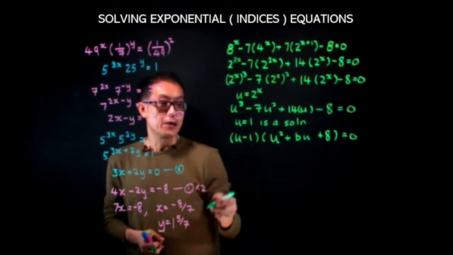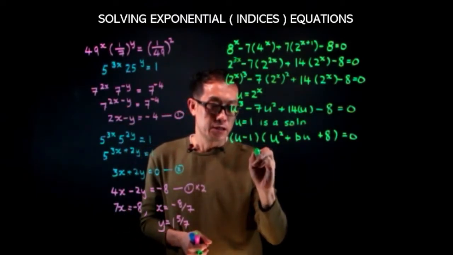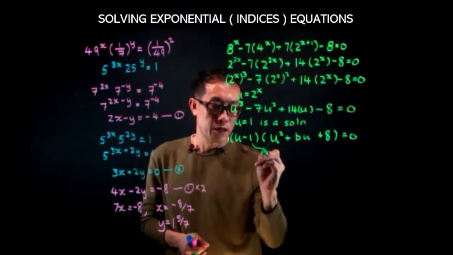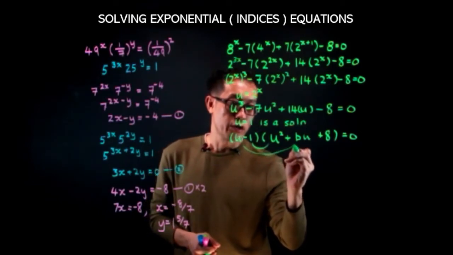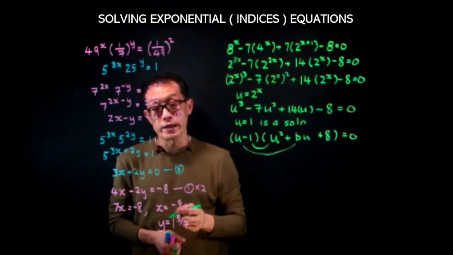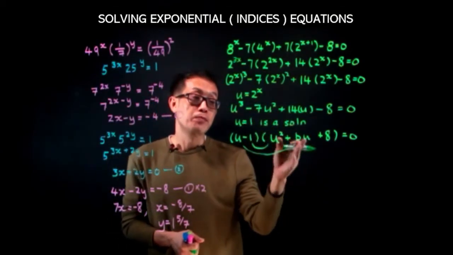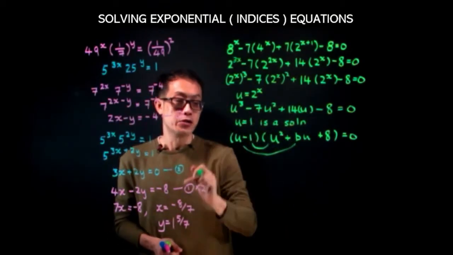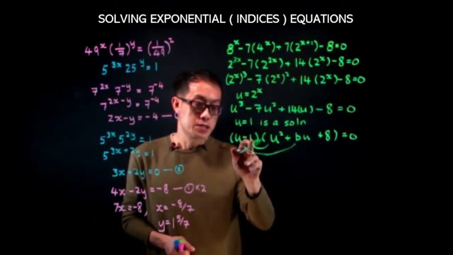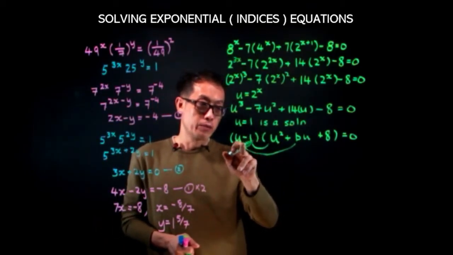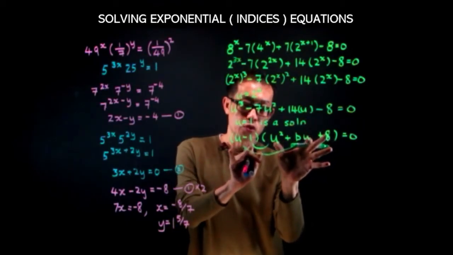Now how to find b? We can do by inspection. This time this you will get a u squared. This time this also will get a u squared. You can compare the u squared term, alright? Or you can compare the 14u, it's really up to you. But for today, I will show you comparing the u squared term. Alright, so this is the only way you can get a u squared from the multiplication of these two terms here.